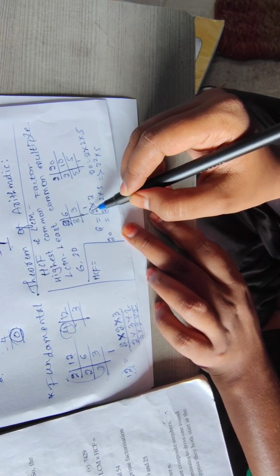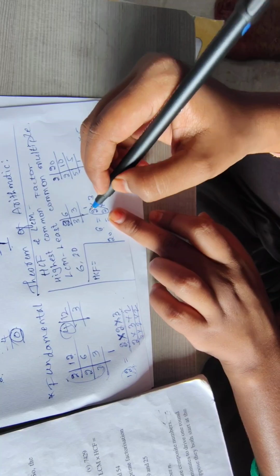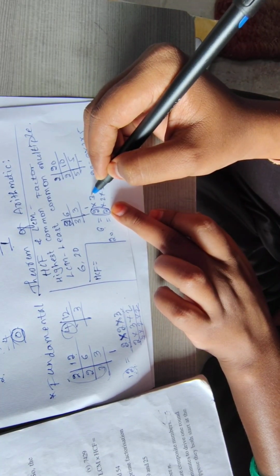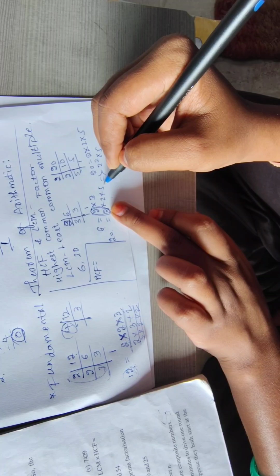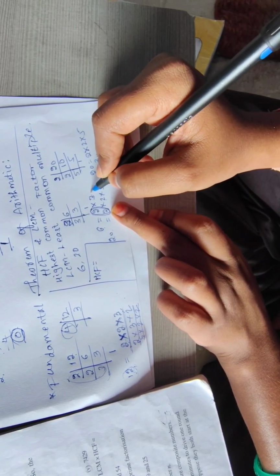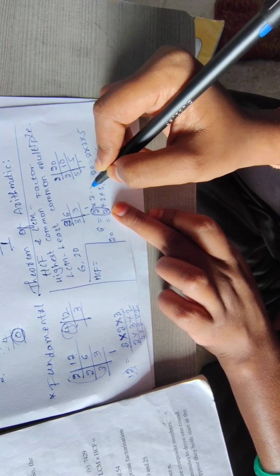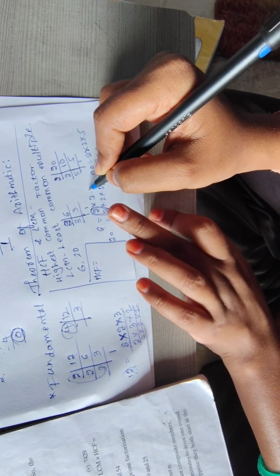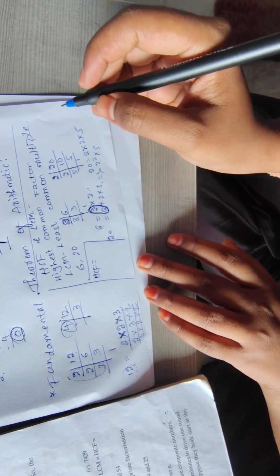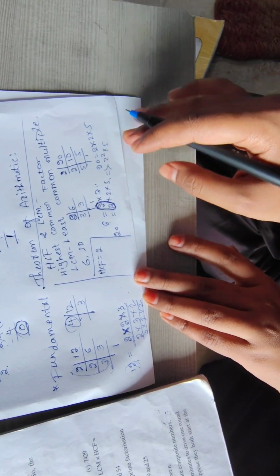Here 2 is common, so one pair it has. Next 3, here 3 is there, but here it is not there, so it is not common. And 2 it is here, but it is not there, one more pair. And 5 is here, it is not there in the 6 factors. So what is the common factor we have here? 2. Therefore HCF is 2.